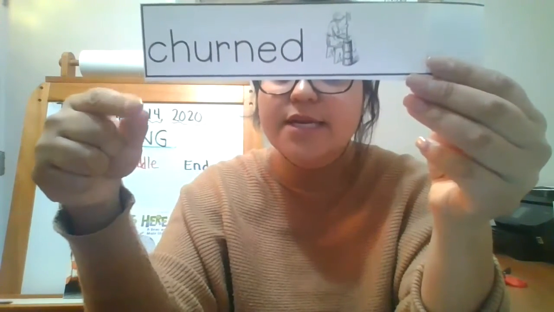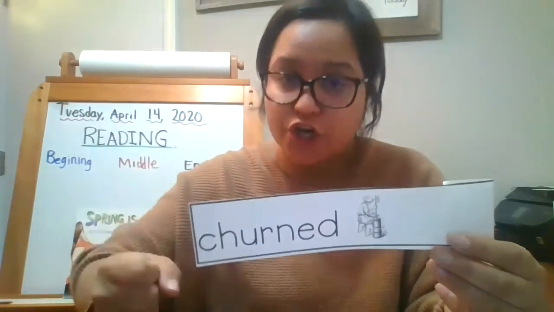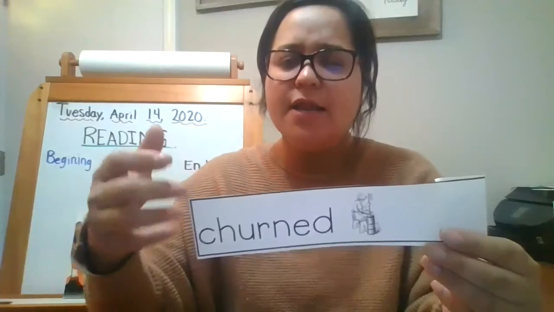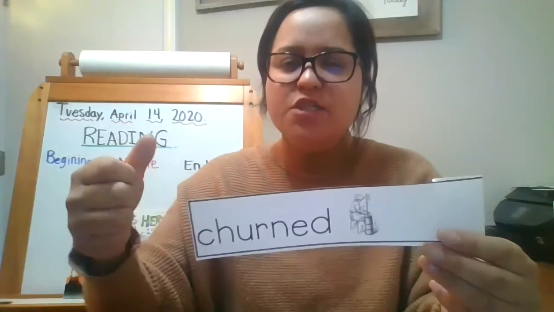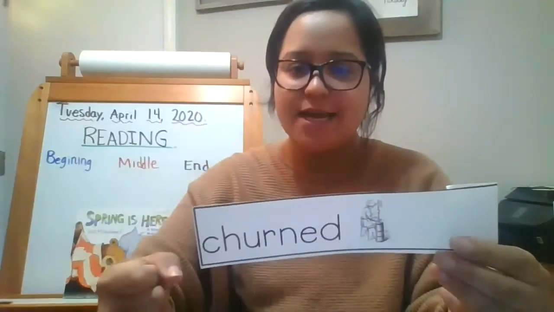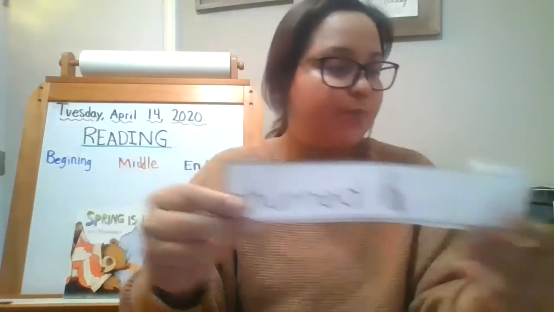For example, in this case, the mole is going to churn to make butter. So kind of to describe the word churn, it means when you mix things not in a circle, but up and down, okay? La palabra churn significa batido.